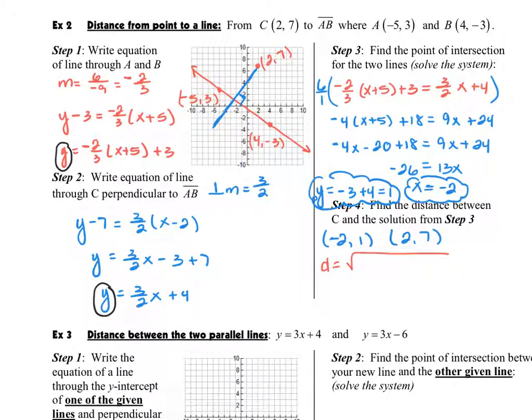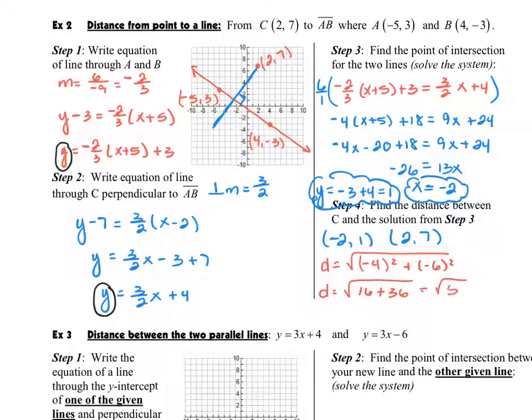So I'll have my negative 4 squared, and then I have 1 minus 7 is negative 6 squared. So that gives me 16 plus 36.